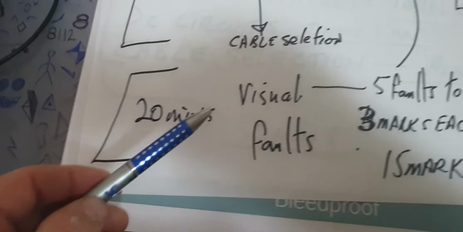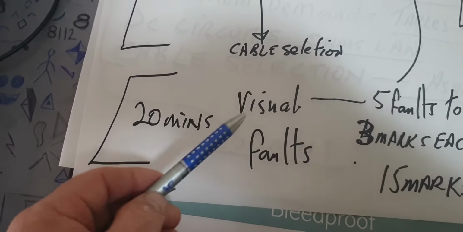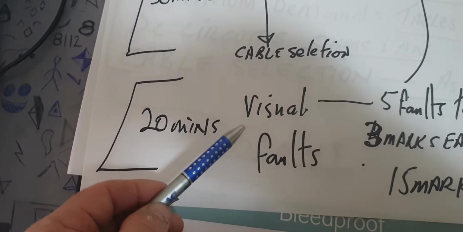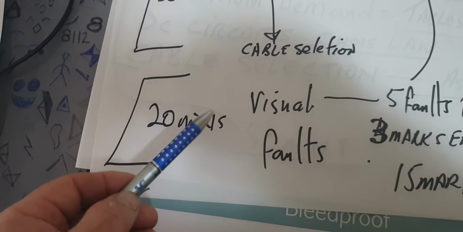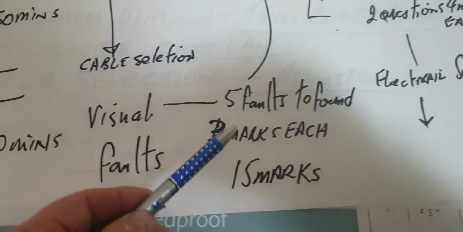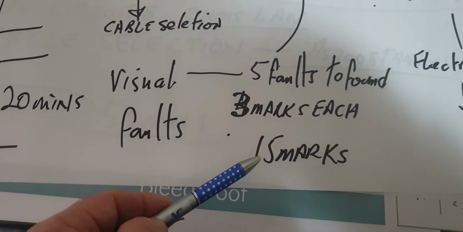The next lot of questions I tell guys to go on to is visual faults. You can pick some of them up in your 15-minute reading time, but don't spend all 15 minutes trying to look for faults. You've got a 20-minute window to find 5 faults. They're 3 marks each, and you've got 15 marks.